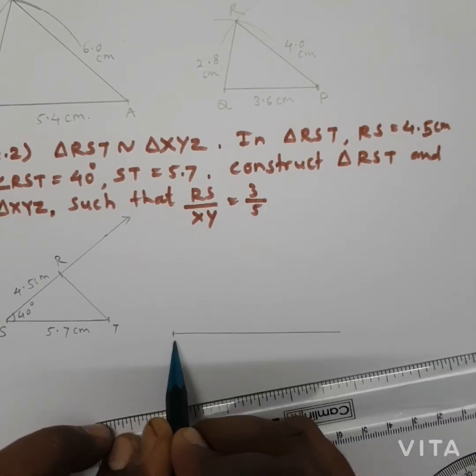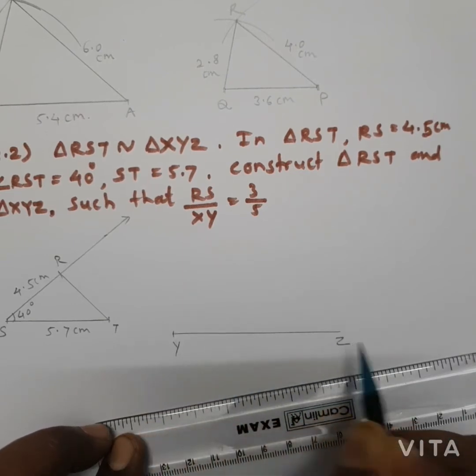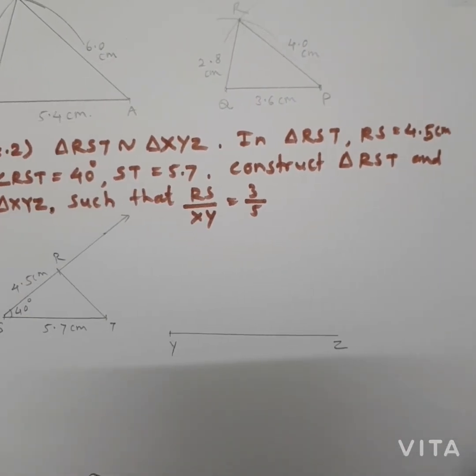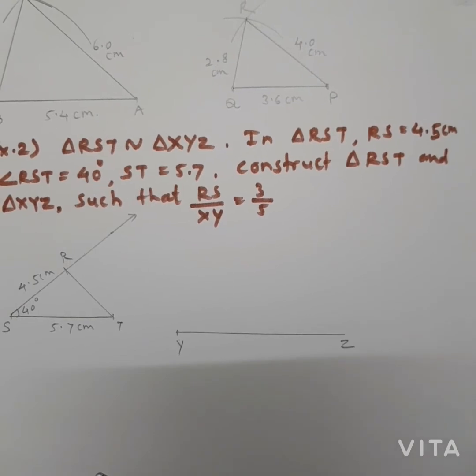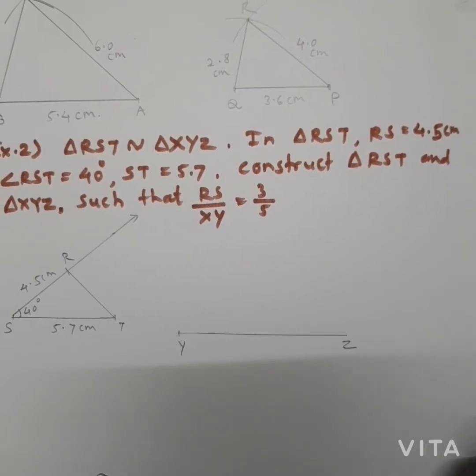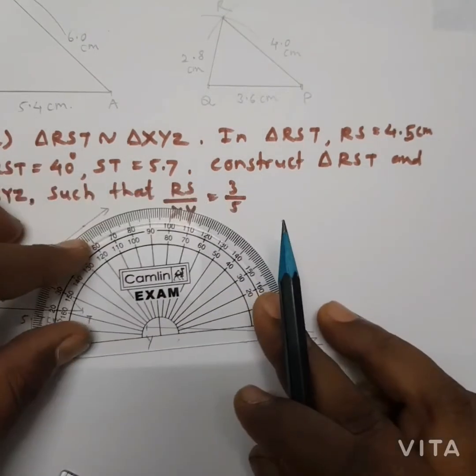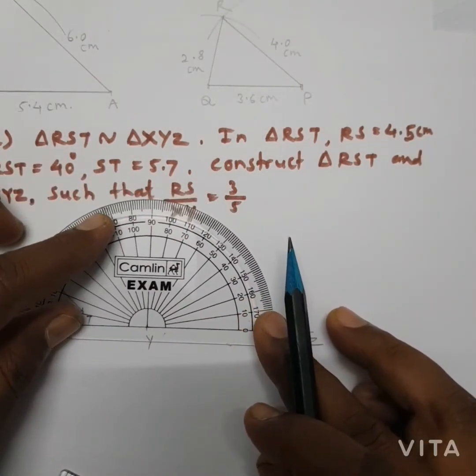Suppose this is side YZ, then angle Y will be the corresponding angle and it is of the same measure, 40 degree.